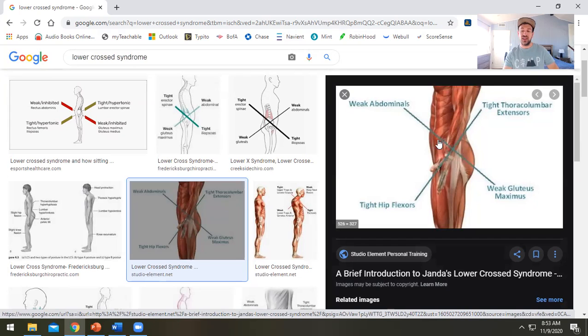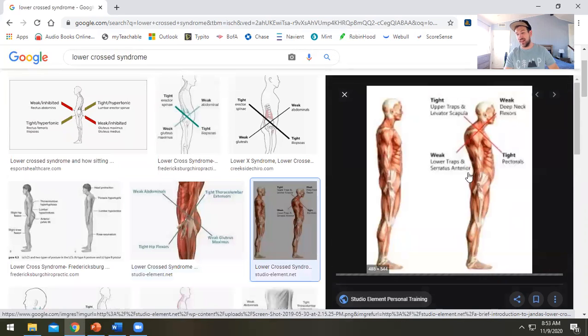So what's happening in a lower cross syndrome situation is that you get a client who has this sort of anterior tilt to their pelvis, right? Like this person here, if you look at their pelvis, it's not rotating backwards, it's not rotating forwards, it's nice and in alignment, right? Their abs aren't being pulled into length, and their glutes aren't being pulled into length.